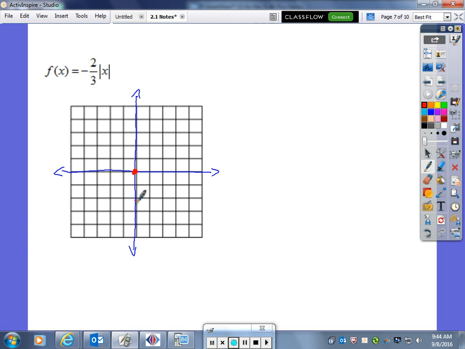So we go down 2, 3 to the right, and on the other side we go down 2 and 3 to the left as well, which gives us our curve that we've also seen on the calculator, which is flipped downwards and is also wider than the graph of our parent absolute value function. All right, make sure you have all your graphs in your notes and then move on to the second part of the lesson.